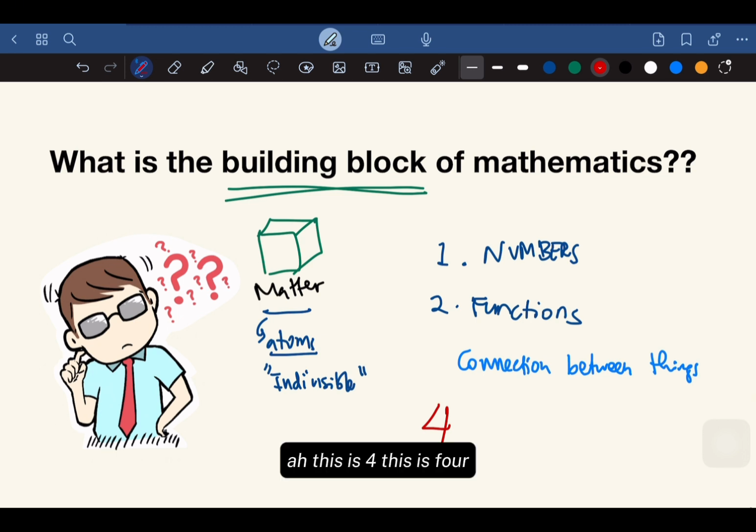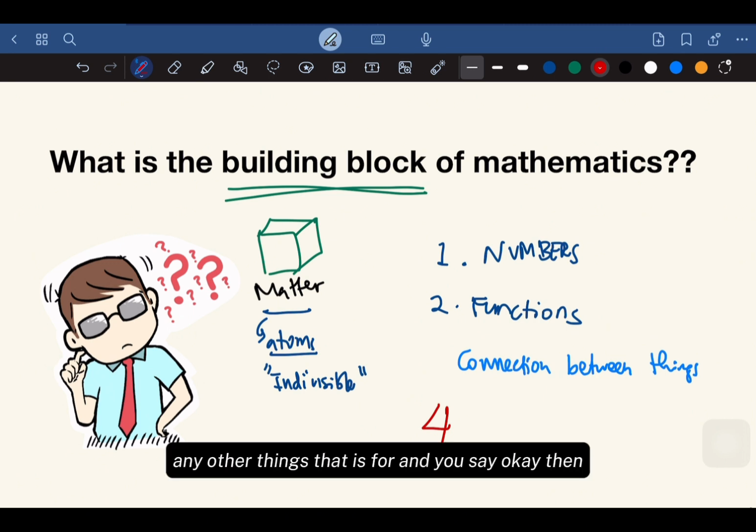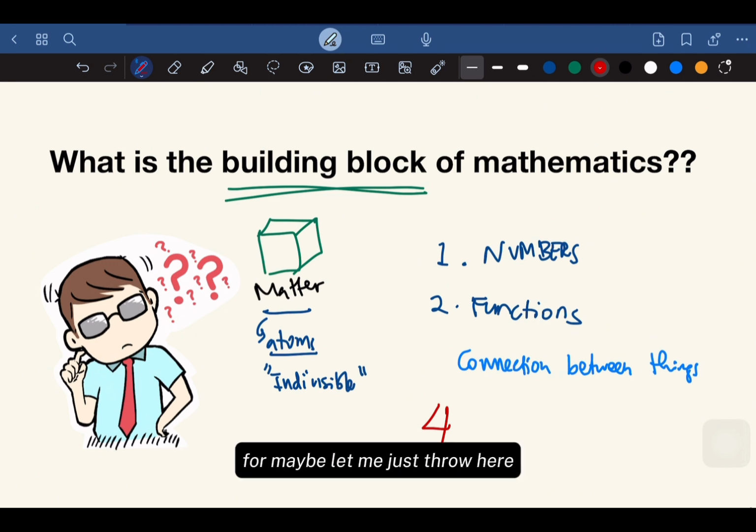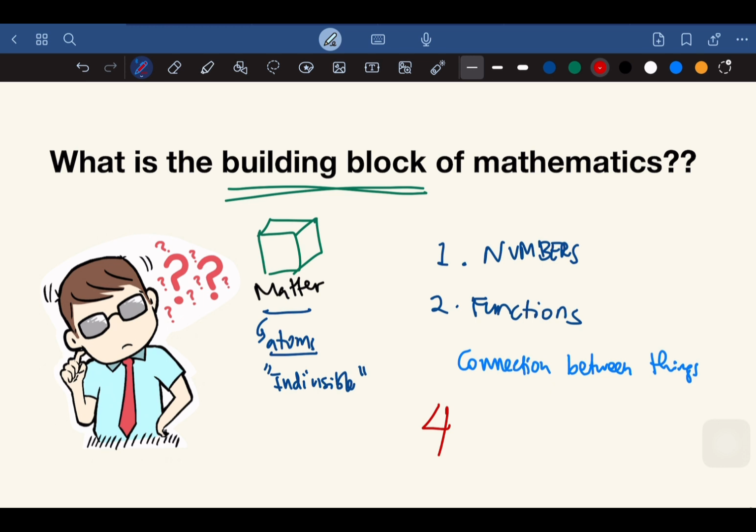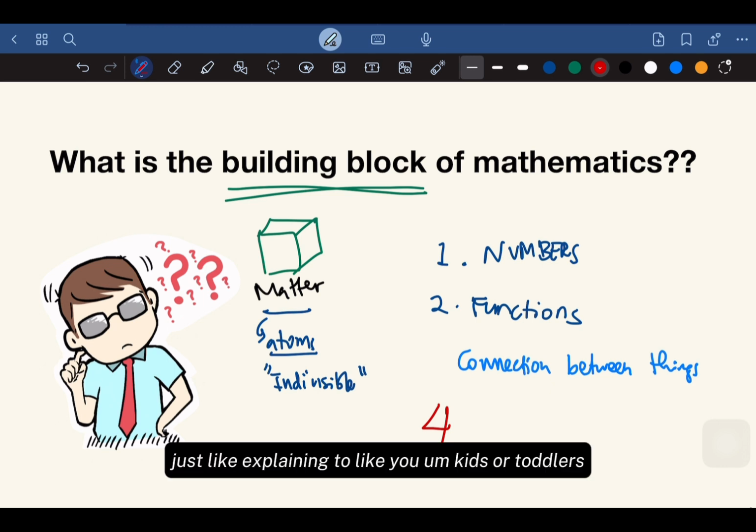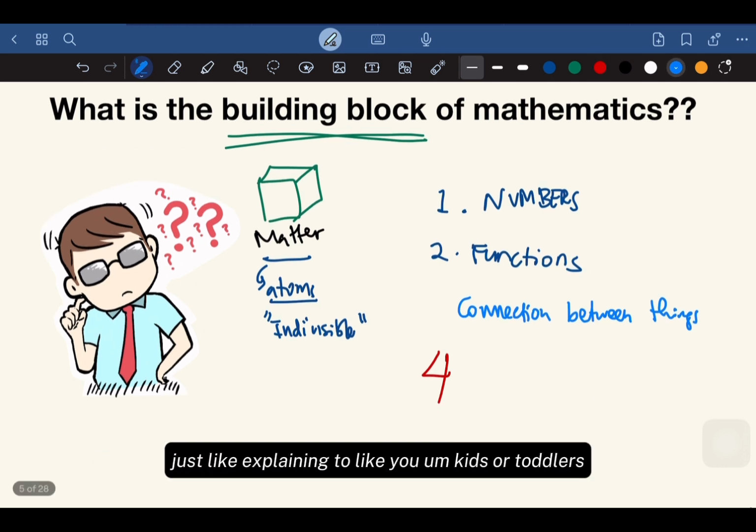This is 4, right? So you have 4, let's say, markers. And then maybe you have any other things that is 4 and you say, okay, that's 4. Let me just draw here. Just like explaining to your kids or toddlers: okay, we have 4 circles or 4 balls.